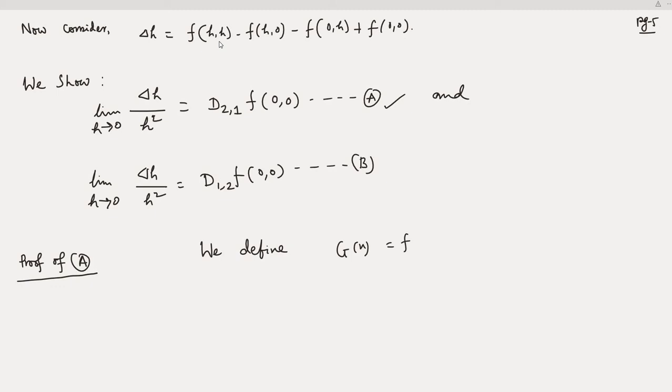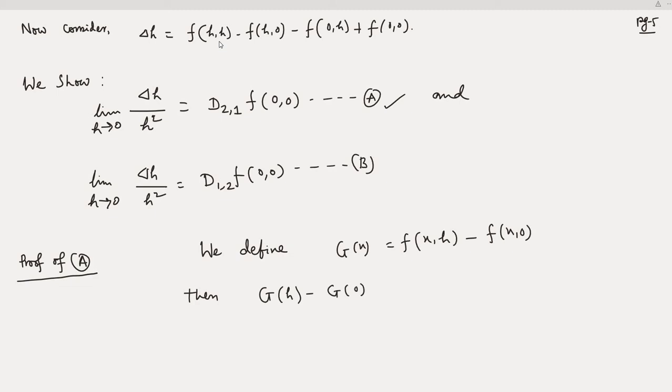So we define g of x equal to f of (x, h) minus f of (x, 0). Okay, then g of h minus g of 0.